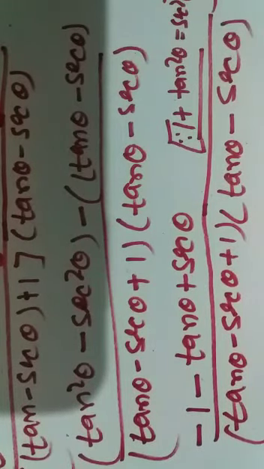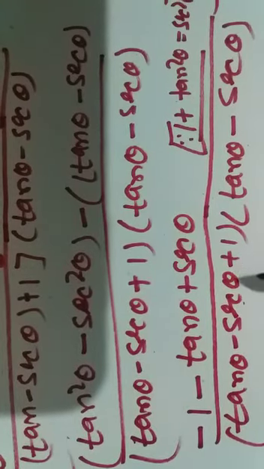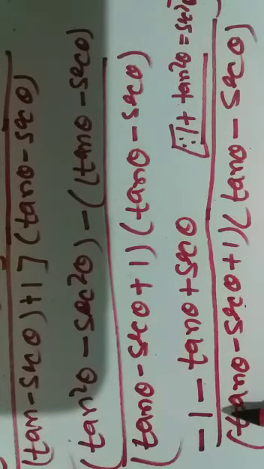Now see here, tan theta minus sec theta plus 1. And our numerator part is how much? Minus 1 minus tan theta plus sec theta. Now if we take minus common, then it will be how much?